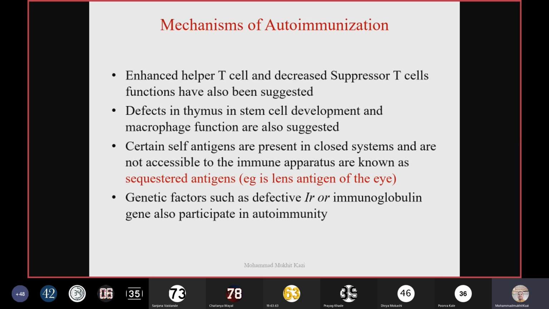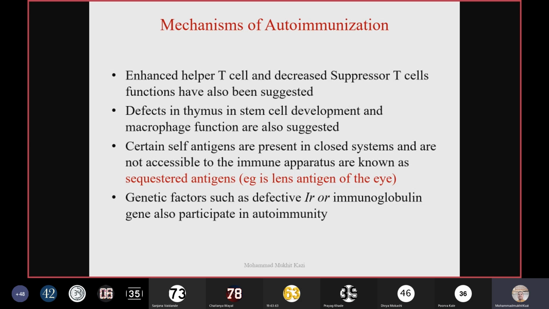What happens when there is damage to the eye, or if the person goes for some operation in the ophthalmic area? That results in exposure of these lens antigens. If these lens antigens start going into the circulating system, though it is your own antigen, the immune cells recognize it as non-self because they have not been exposed throughout our life.